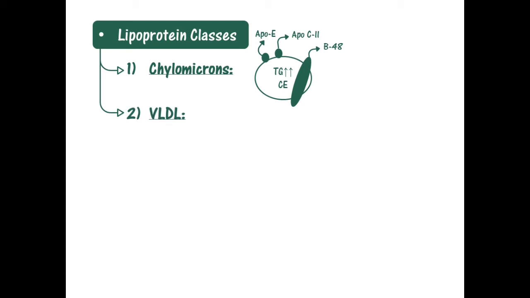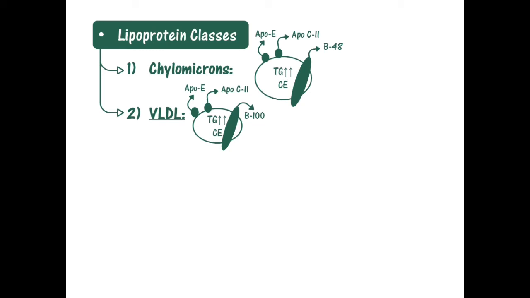The second class of lipoproteins is the VLDLs. VLDL, very low density lipoprotein. This VLDL contains high concentrations of triglyceride, a little less than that present in chylomicrons. On the surface there is ApoE and ApoC2, same as chylomicrons, except for the protein present inside, B100 instead of B48.